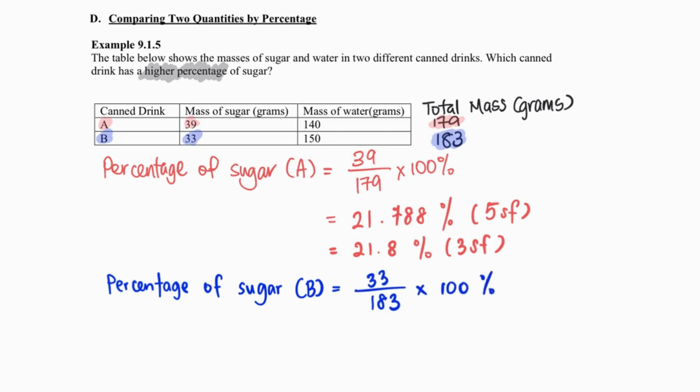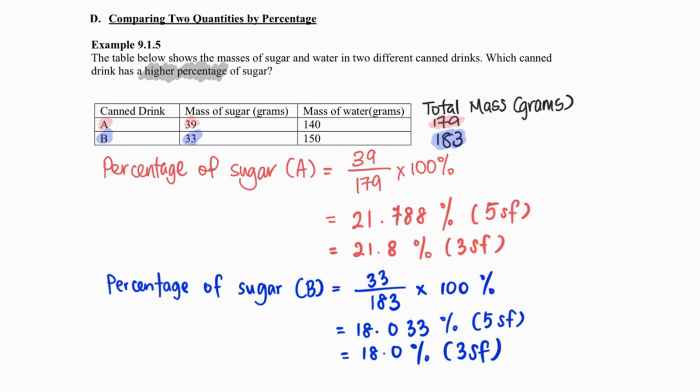And let's see what percentage this will give me. 18.033% to 5SF, followed by 18.0% to 3SF.